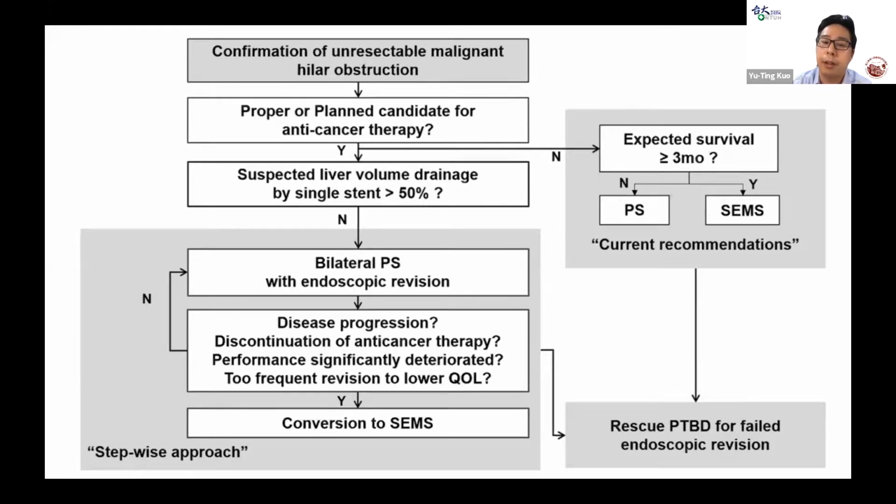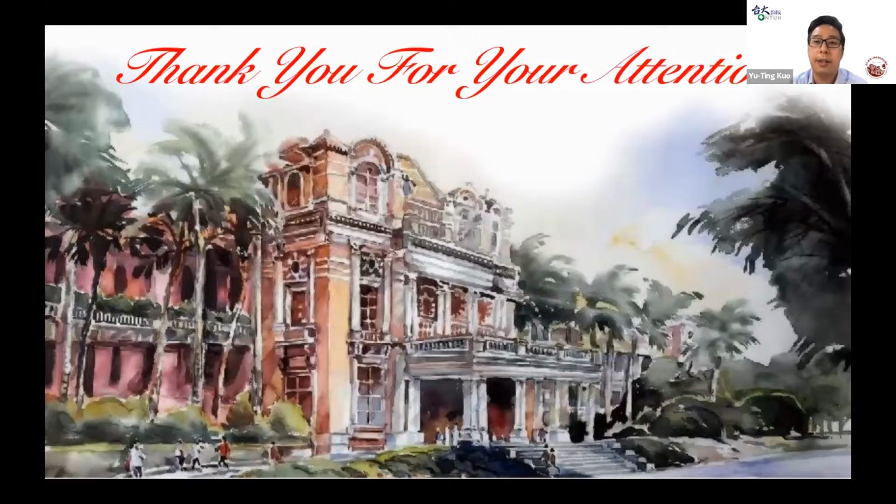But if the patient's disease progresses with poor response to chemotherapy, or the patient does not want to exchange stents frequently, I think you can consider conversion to a metal stent. Okay, thank you. This is my talk today. Thank you very much.